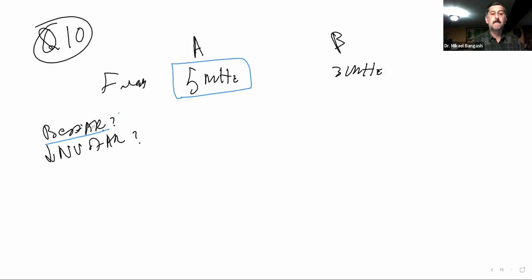Why and how? High frequency means low wavelength. Low wavelength leads to a low spatial pulse length, which means a low numerical value of axial resolution.